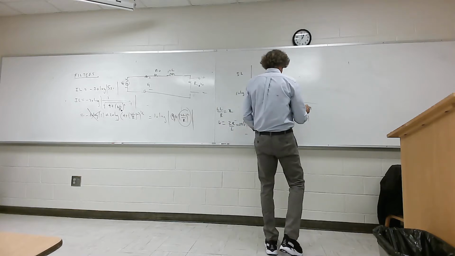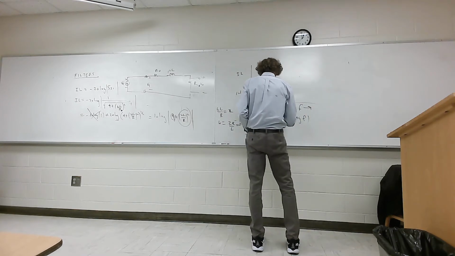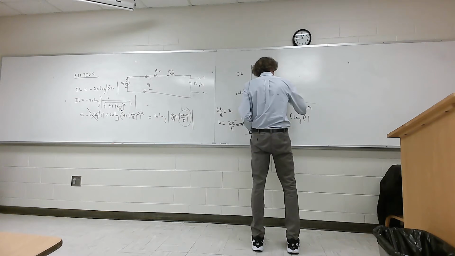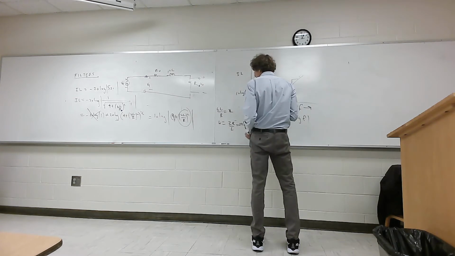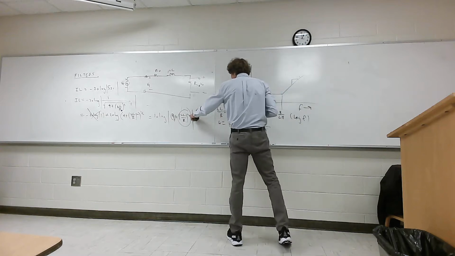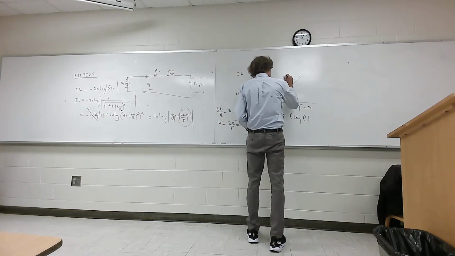At that point, wherever that is, put it right here, that's when it starts breaking up, and this would be at a rate, because that's squared right there, of 20 dB per decade.